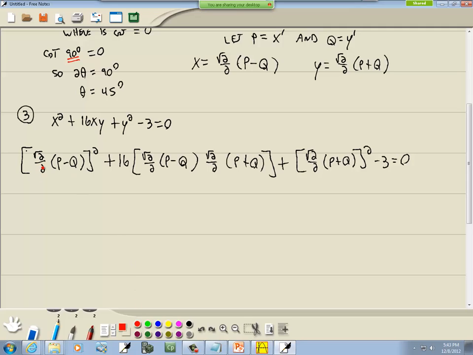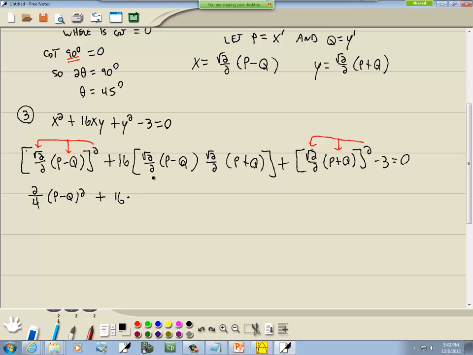Now, since this is square root of 2 over 2 times (p minus q), when we take the second power, we'll square this, and we'll square this. And the same thing over here. Square that, and square this. Well, square root of 2 over 2 squared: square root of 2 times square root of 2 is 2, 2 times 2 is 4, so that becomes 2 fourths. And then we've got (p minus q) squared plus 16 times square root of 2 over 2 times square root of 2 over 2.